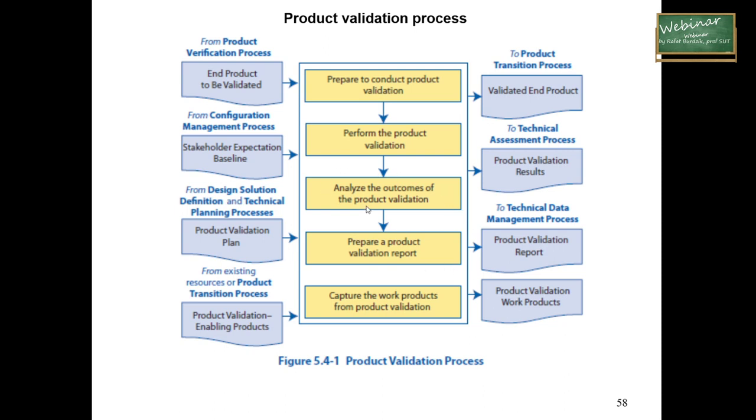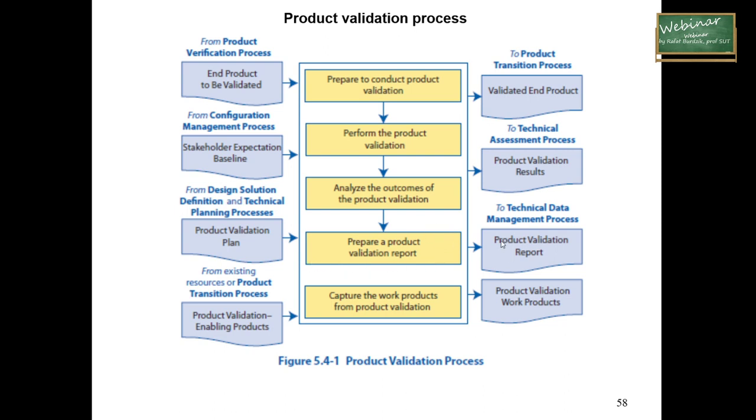Then we've got the next operation, which is to analyze the outcomes of the product validation, the whole process of validation, and as the result, I should have the product validation results, which should be delivered to the technical assessment process. Next, the last step is to prepare the product validation report, again based on the results of the previous operation, and I should use the product validation plan as the checklist for the preparation of the final report.